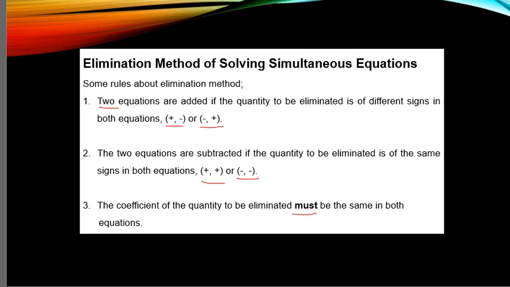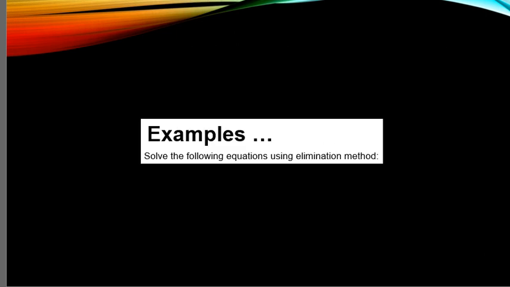So we apply these rules as we take some examples. Examples: solve the following equations using the elimination method. We have just outlined the steps or the rules to be followed when using this method.